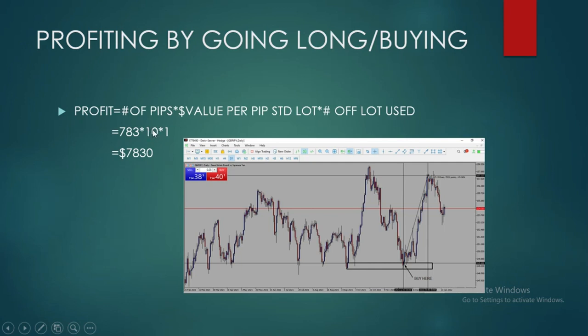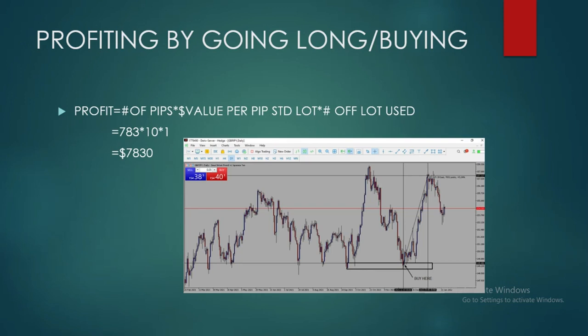So it's the number of pips multiplied by the dollar value per pip standard lot, multiplied by the lot size used. We'll explain lot sizes. Mostly our standard lot is 1, but for currencies, it goes all the way to 0.01. That's the minimum lot size that you can be using for financial markets, 0.01.